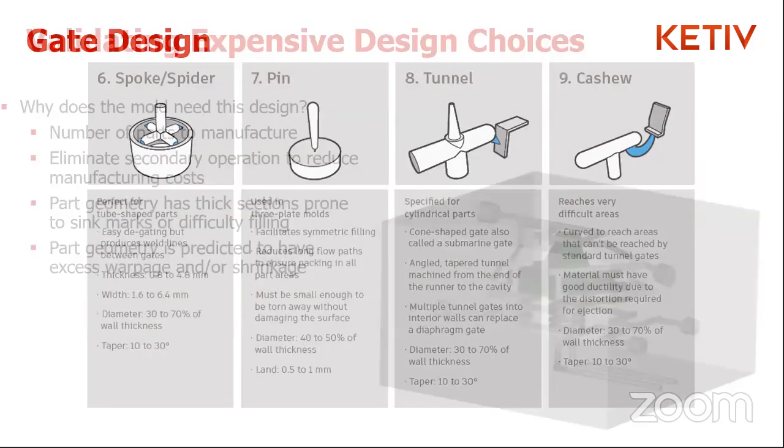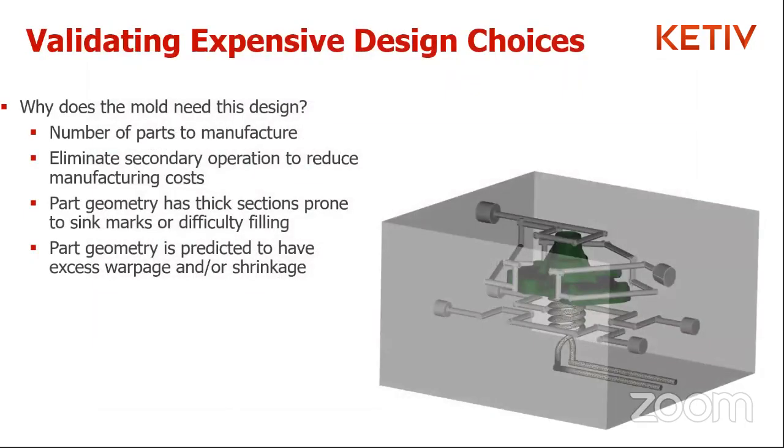So I did mention expensive designs. Well, what happens when you have expensive designs? Why does a particular mold need a particular design? You look at this one on the screen right now, and it's pretty complex. If you look at the part itself and the cooling channels around it, it is pretty complex.